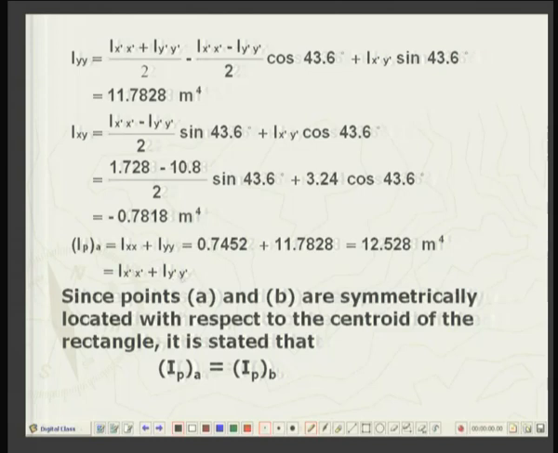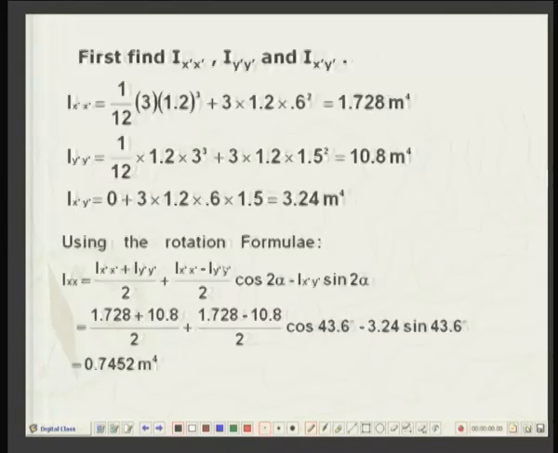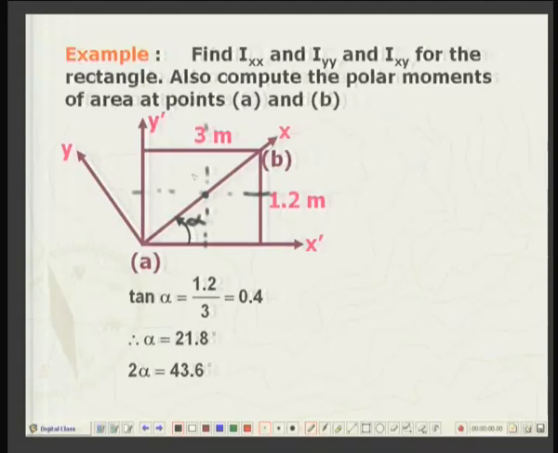And for point B, since it lies symmetrically about the centroid, you can easily see that whatever happens to this, the same is over here. So, if our z axis is over here and z axis over here, then by the parallel axis theorem we can see that although on one side the distance is positive, on the other side the distance is negative, but when you take the square it will not make any difference.